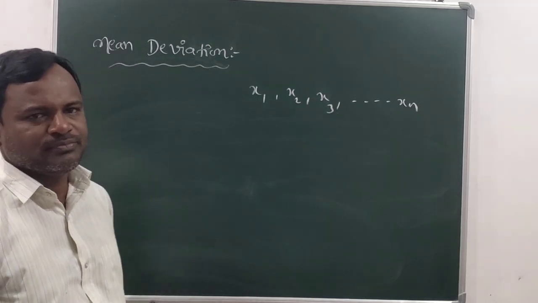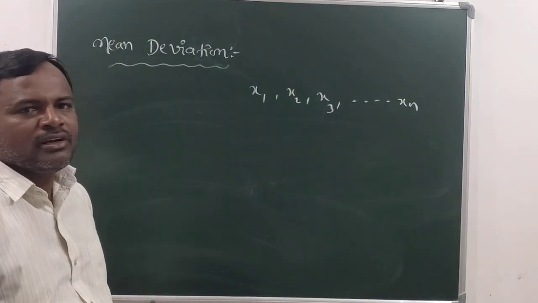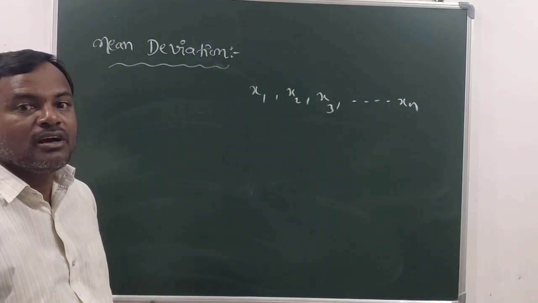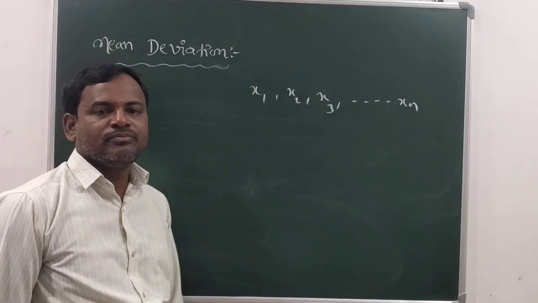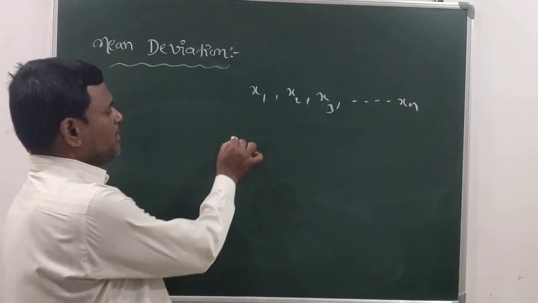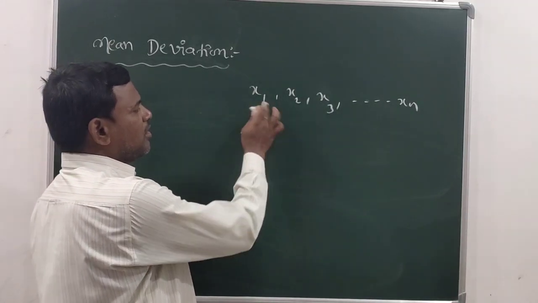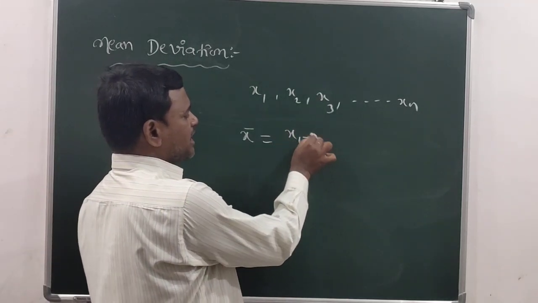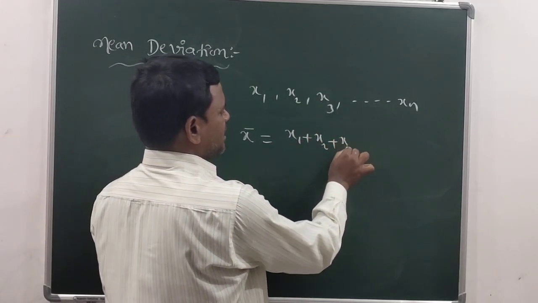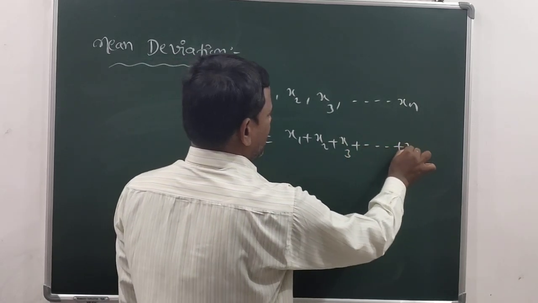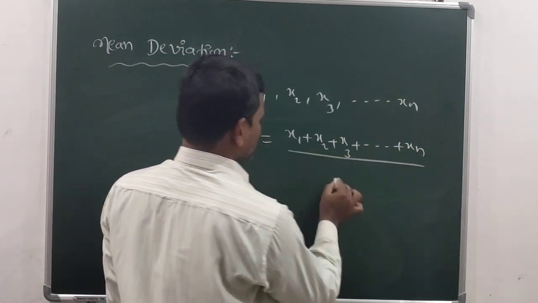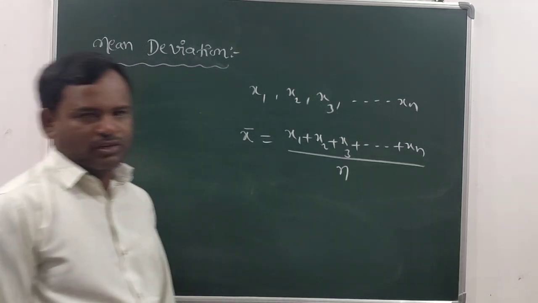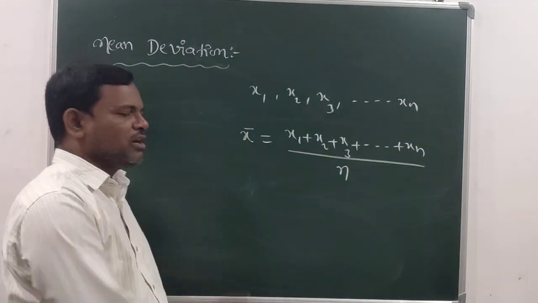This is the question. How do you find mean deviation from the mean? First you have to find the average of all these observations. How do you find the average? x1 plus x2 plus x3 and so on xn, the sum of all the observations divided by the total number of observations. You got the mean.